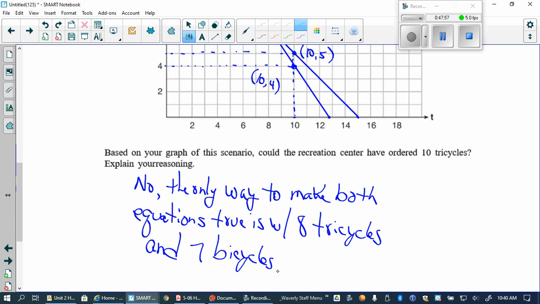If you have 10 tricycles, it's going to violate either the number altogether or the number of wheels.